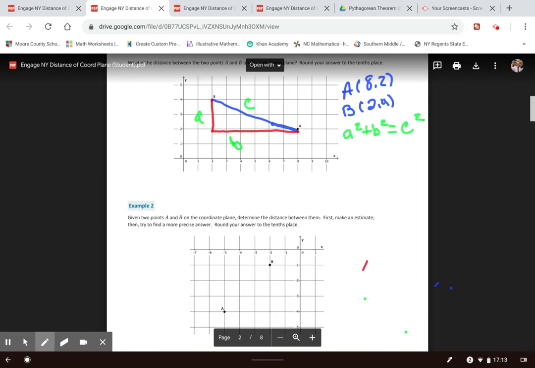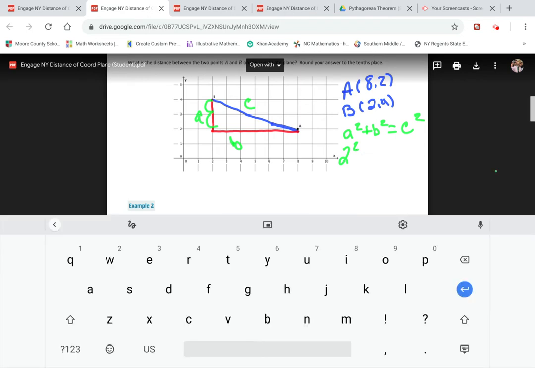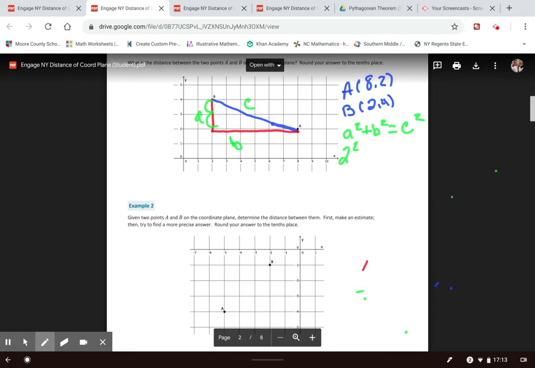So if I look at my distance for length A, I count 1, 2. So that's going to be 2 squared. Then I can count my measurement for leg B. I'm going to go 1, 2, 3, 4, 5, 6.